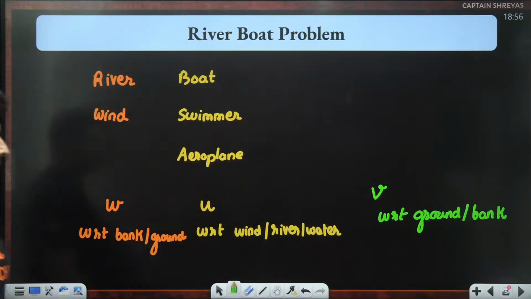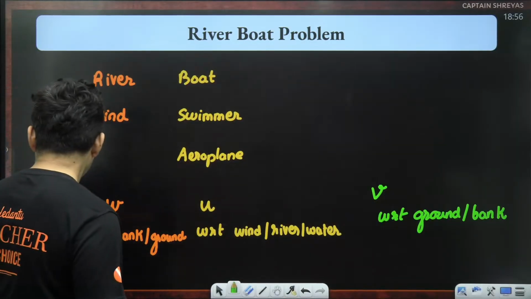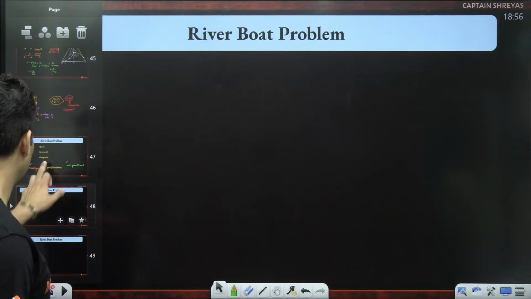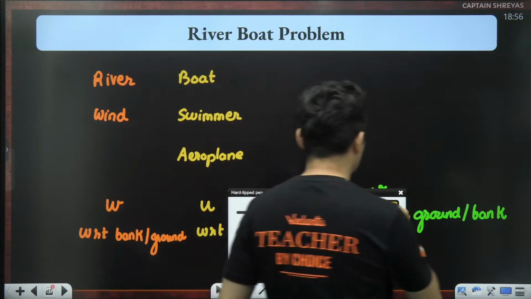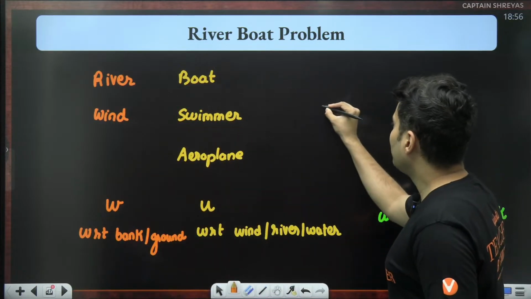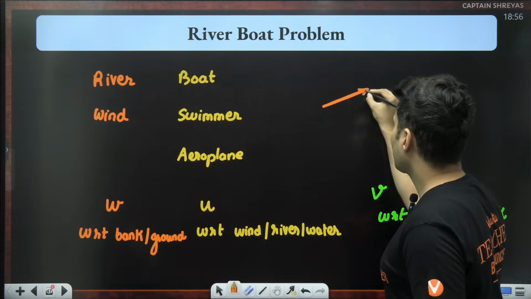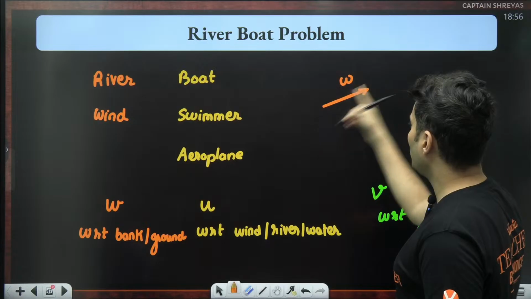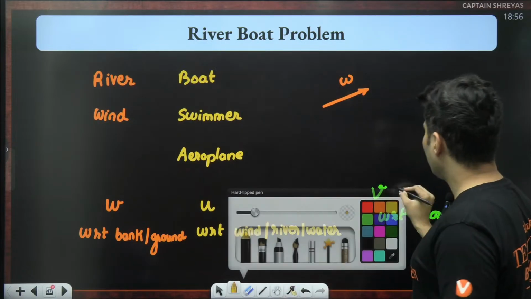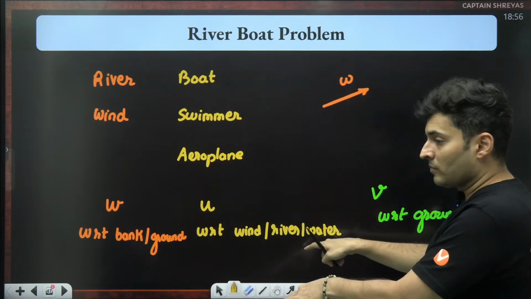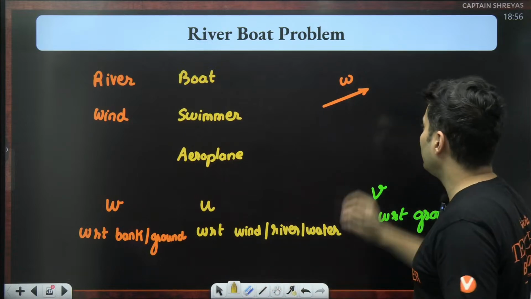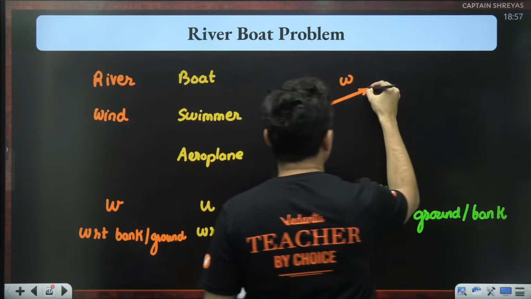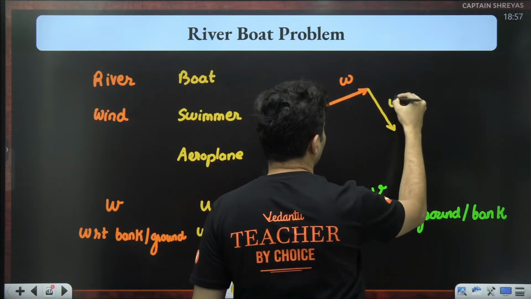Okay, good. So just to give an example over here, imagine the wind is blowing like this, or the water is flowing W like this. The swimmer with respect to the water or the aeroplane with respect to the wind is maybe going like this, or maybe going like this. Doesn't matter.